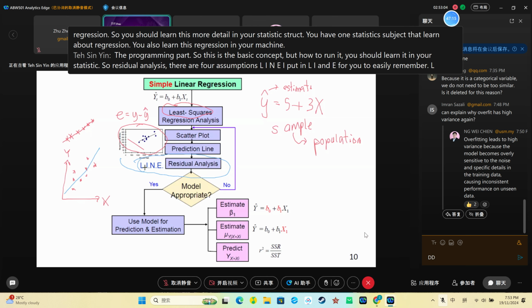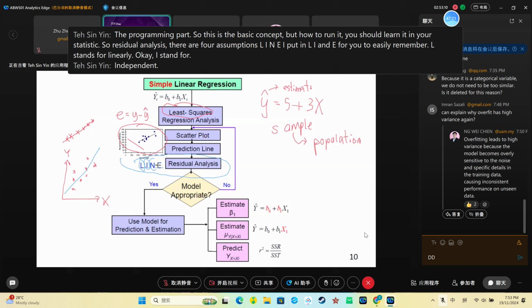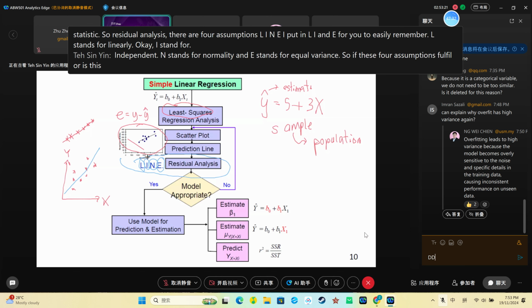L stands for linearity, I stands for independence, N stands for normality, and E stands for equal variance. If you follow these 4 assumptions, then you can use the linear regression.